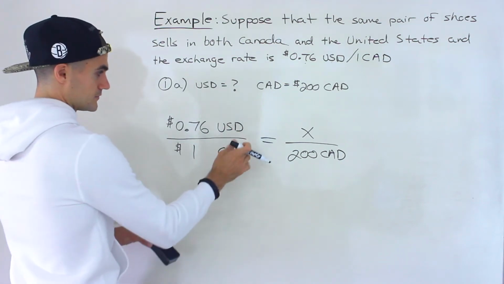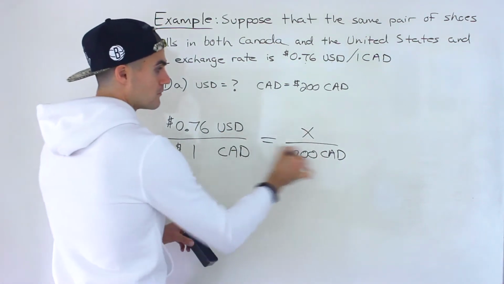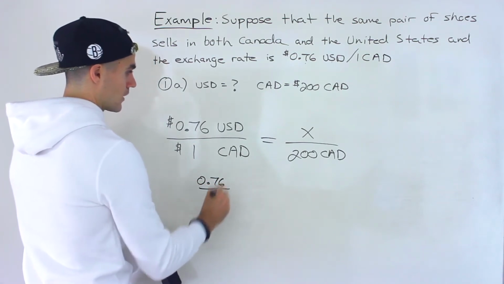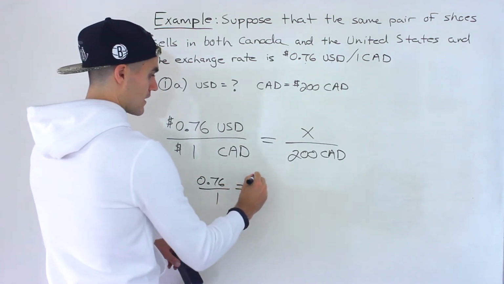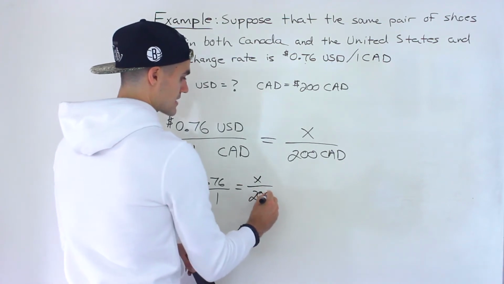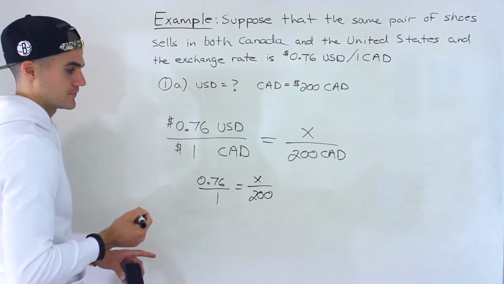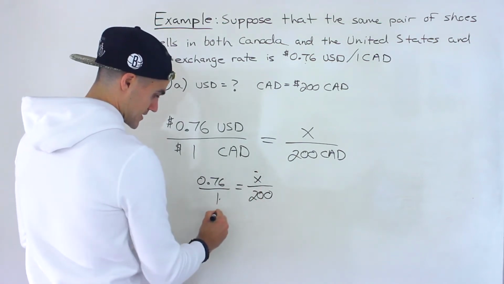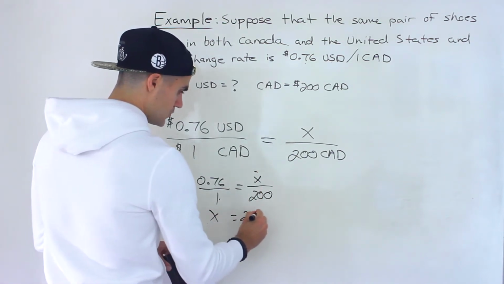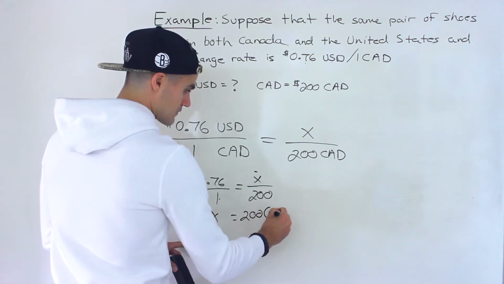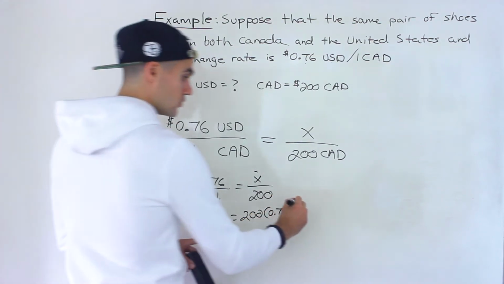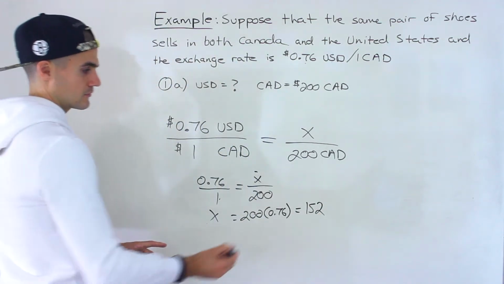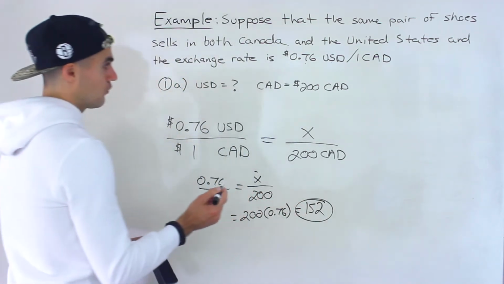And so first you want to match up the currencies, but then if you want to get rid of these currency values, you could just create this as a mathematical expression like that. And then from there, it's super easy. You just cross multiply. 1 times x is x. 200 times 0.76 would give you 152. And so that's the answer for 1A.